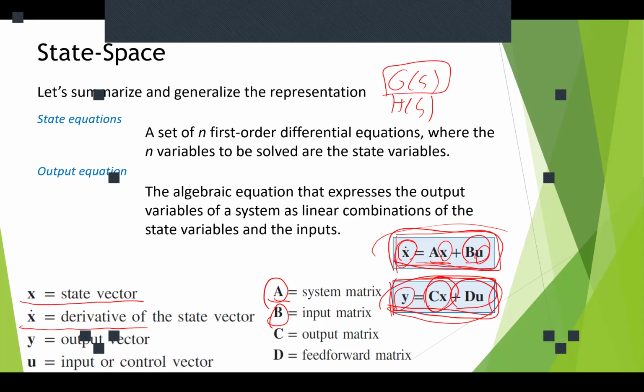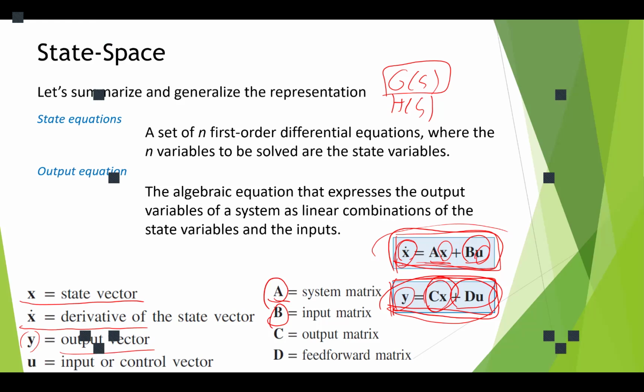Now, when you talk about the output, which is your desired parameter, y is the vector of those desired parameters. You might want to analyze the current of an inductor and the voltage across the capacitor.